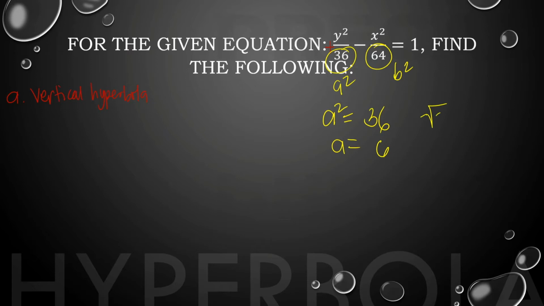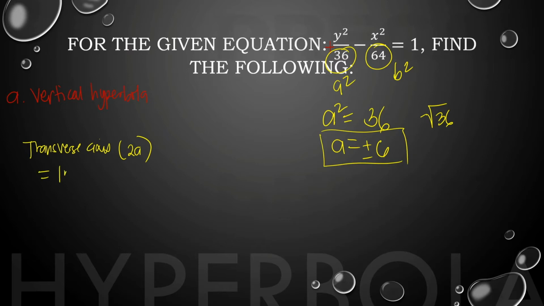Square root ng 36 is equal to 6, so positive, negative 6. Nahanap na natin yung semi-transverse axis. Mahanap na rin natin yung transverse axis, which is equal to 2a. Kung a is equal to 6, magiging 2 times 6, which is equal to 12 units.